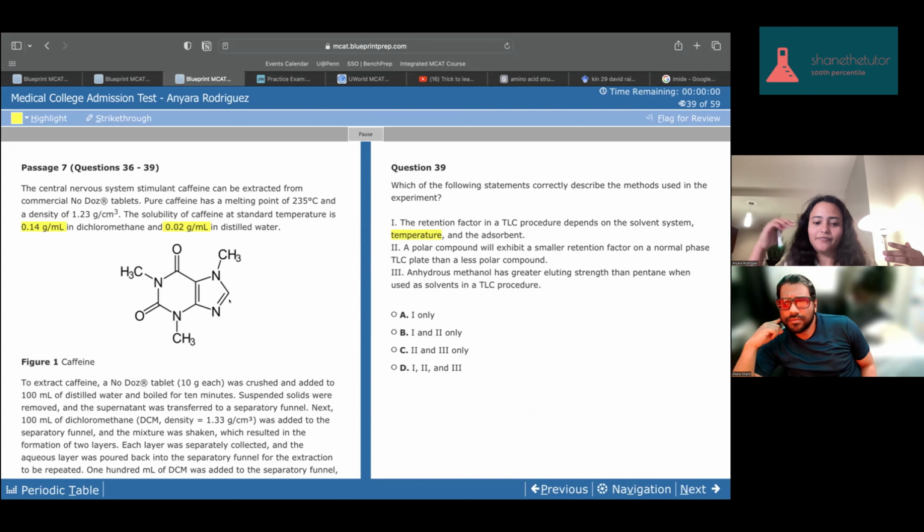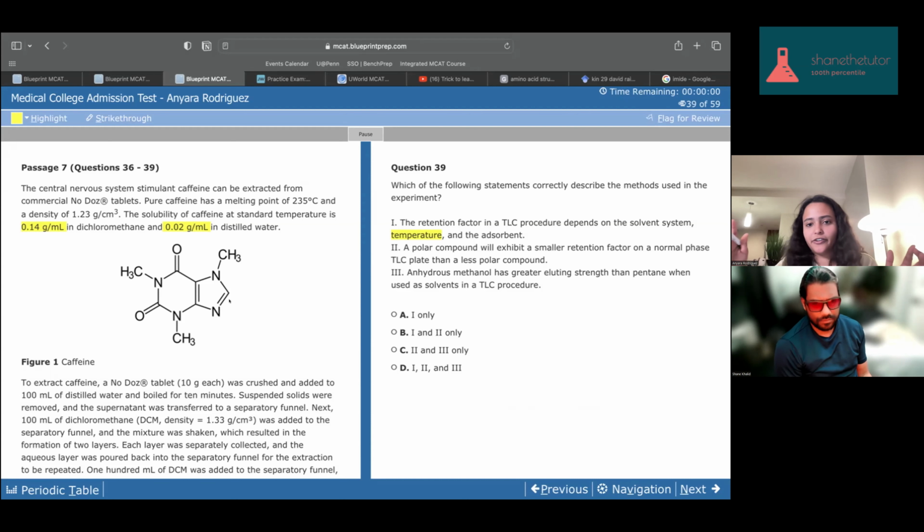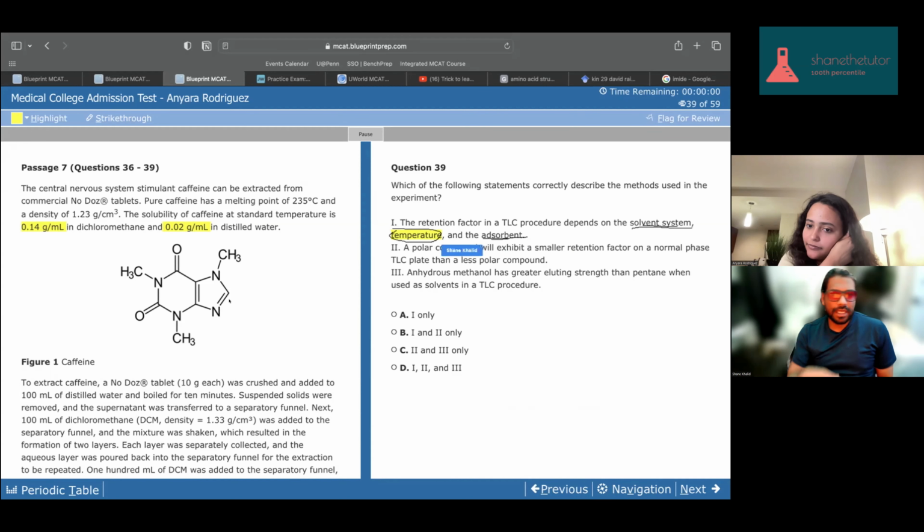You calculate the retention factor, which indicates how close to the solvent front your samples traveled. Usually this is less than 1, because if it's more than 1 you can't really calculate it, since it's past the solvent front. So for Roman numeral 1, you agree with solvent system, you agree with adsorbent, but are unsure of temperature. Let's leave it like that for now.